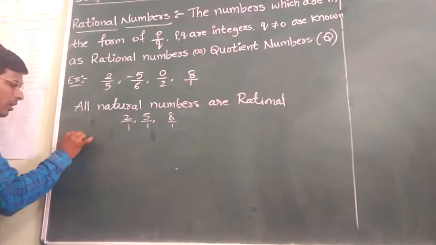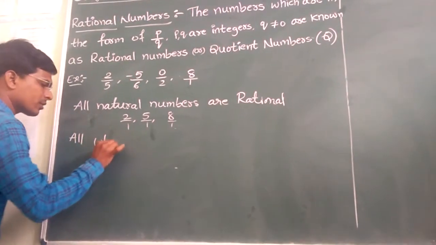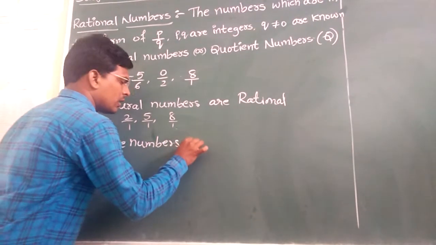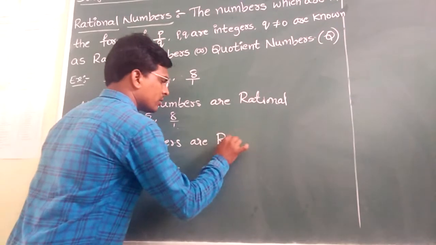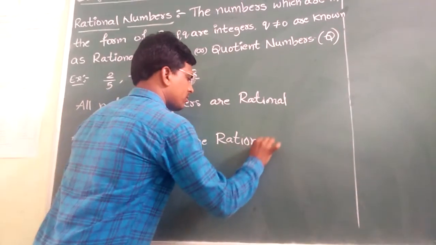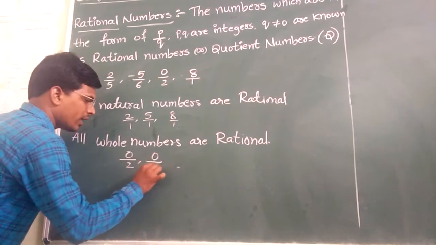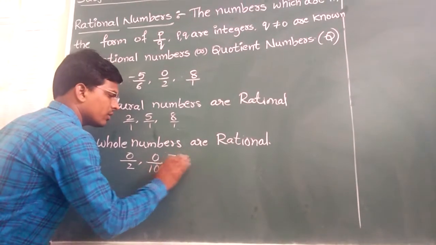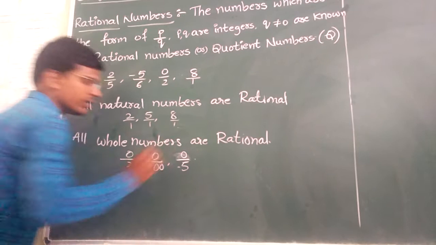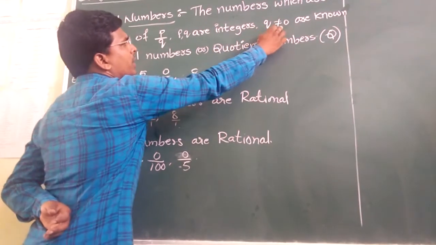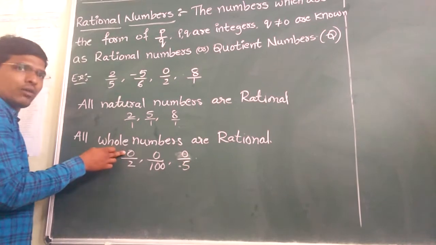And one more thing, all whole numbers are rational. See, we can take here 0 by 2, 0 by 100 and 0 by 5 like this. What is the condition? The condition is q should not be equal to 0, but p may be equal to 0.